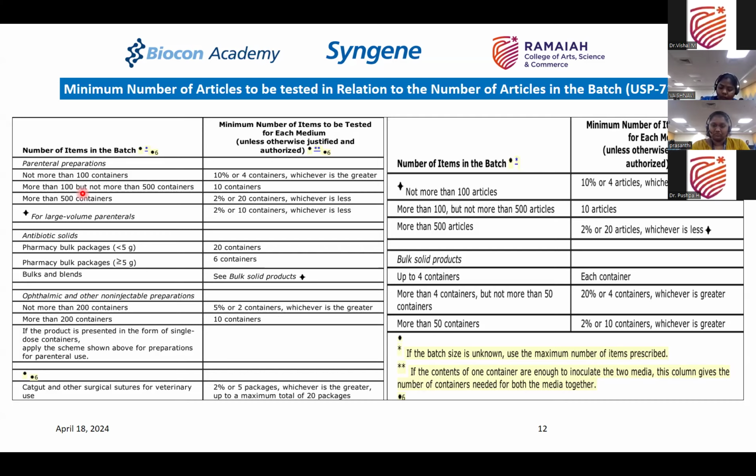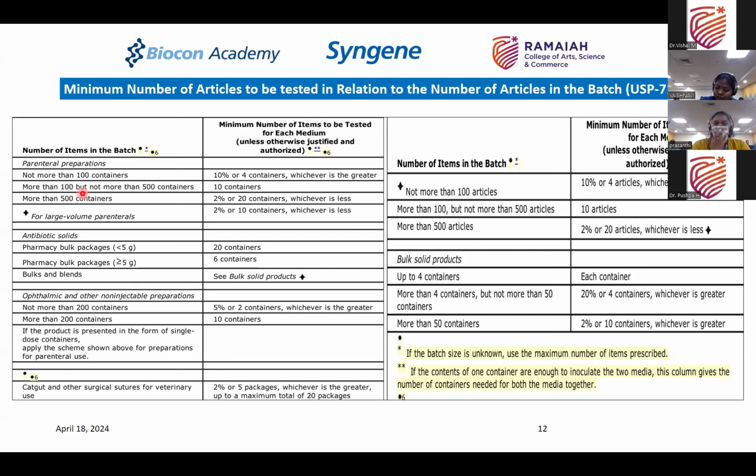To analyze the microbes present in that sample. So whether the batch has 100, more than 100, more than 500, or a very large amount, this is the number of samples to be selected for analysis.